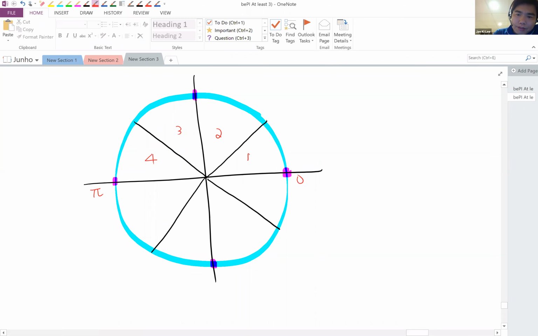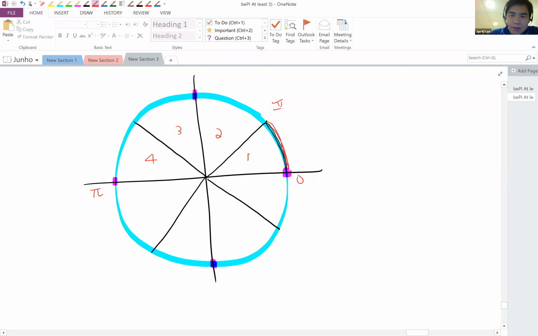Therefore, can you define the radian arc of this one? Pi over 4, right?